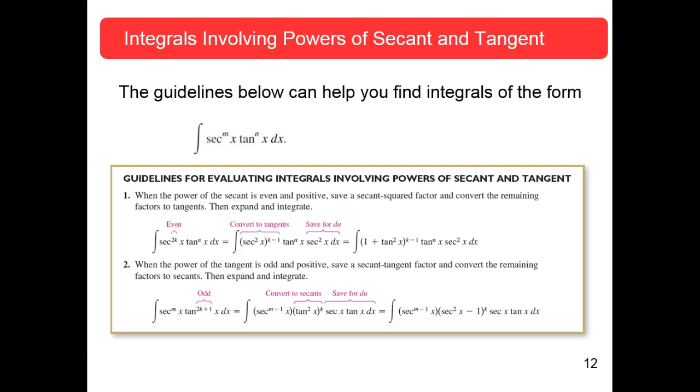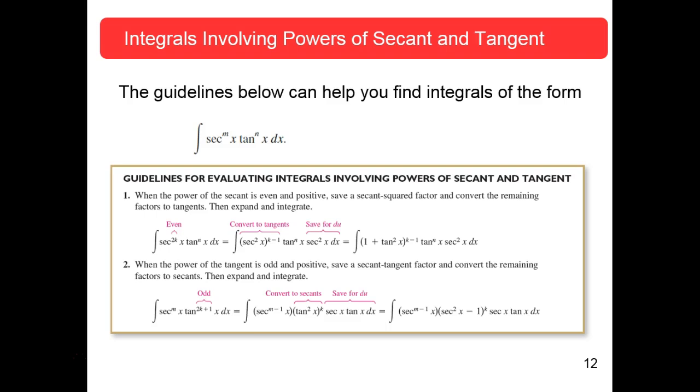So here's what we've got. The power of secant is even and positive. So if it's even and positive, you can rewrite it as 2k, because if it's even, it's 2 times some number k. Tangent can be anything. Now, pull out one of those, secant squared, and you'll have secant squared left here.